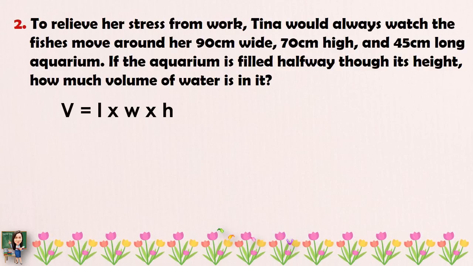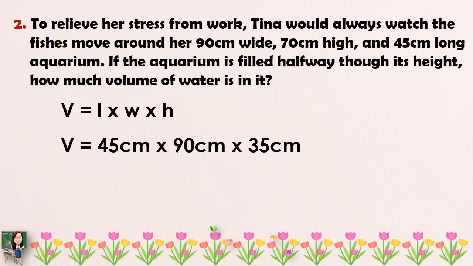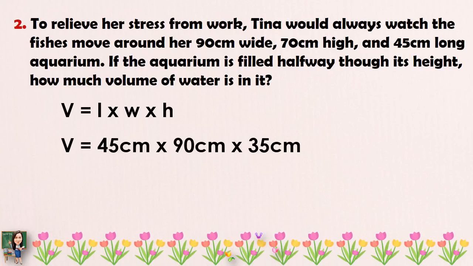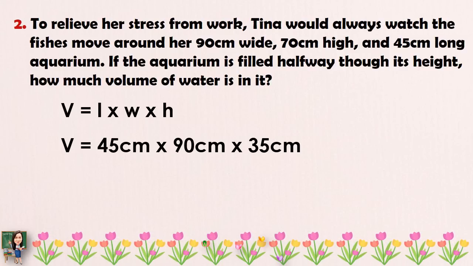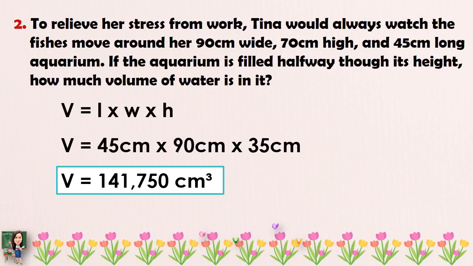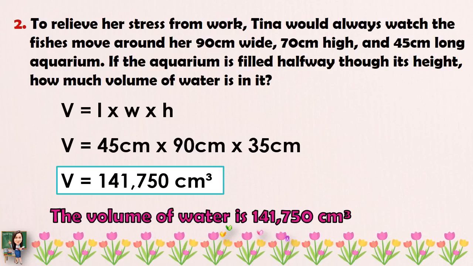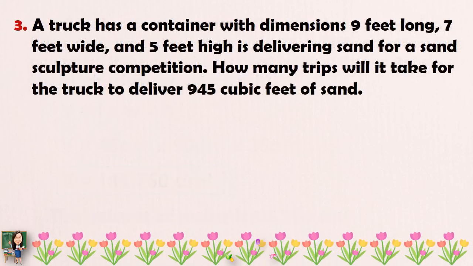Use the formula, volume equals length times width times height, where the length is 45 cm, the width is 90 cm, and the height is 35 cm. 45 times 90 times 35 equals 141,750 cubic centimeters. The volume of water is 141,750 cubic centimeters.